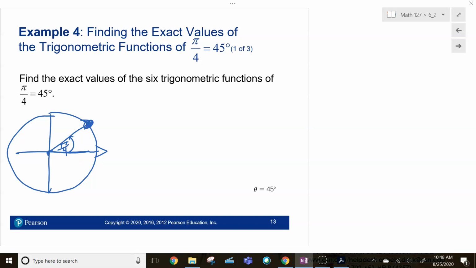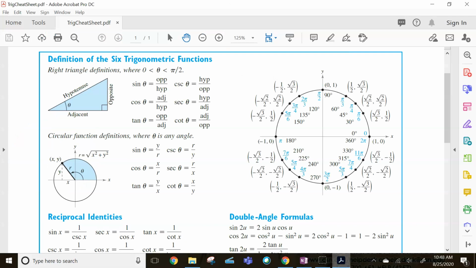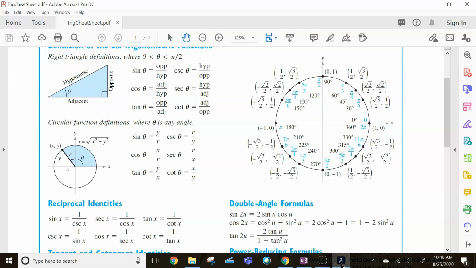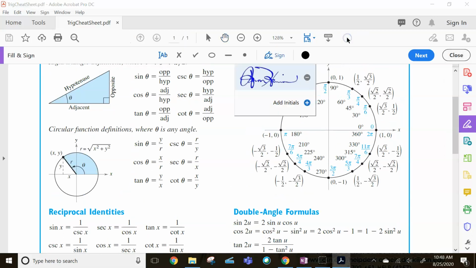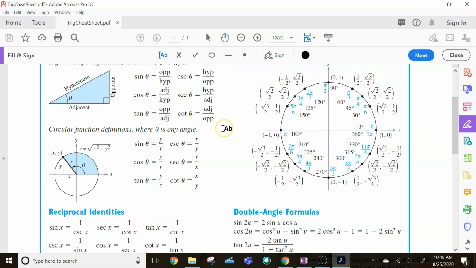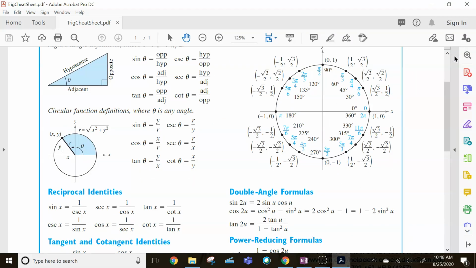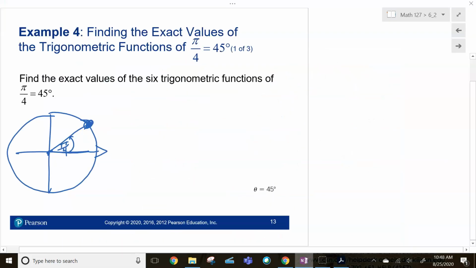I look at my unit circle and I've rotated pi fourths right there. I see the root 2 over 2. So I'm right here, I've got this point, root 2 over 2, comma, root 2 over 2.